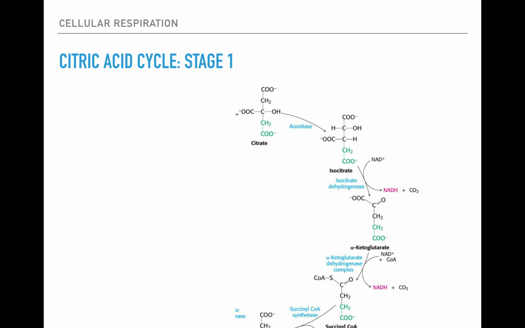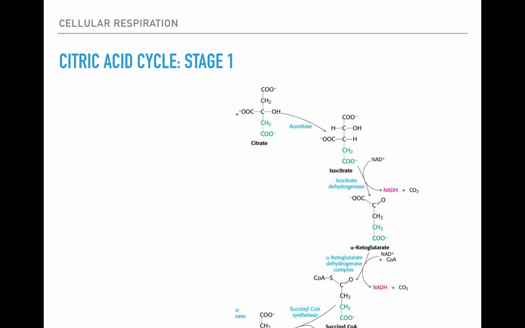Citrate is then isomerized into isocitrate by aconitase, which is then oxidatively decarboxylated to alpha ketoglutarate by isocitrate dehydrogenase. This step generates an NADH as the first high transfer potential electron carrier in the cycle.